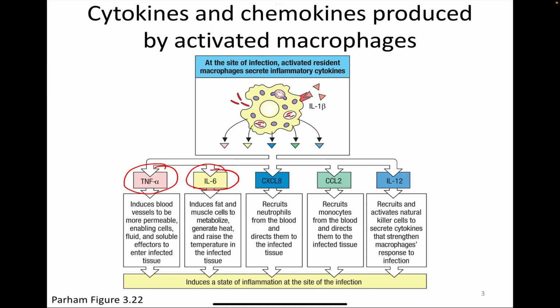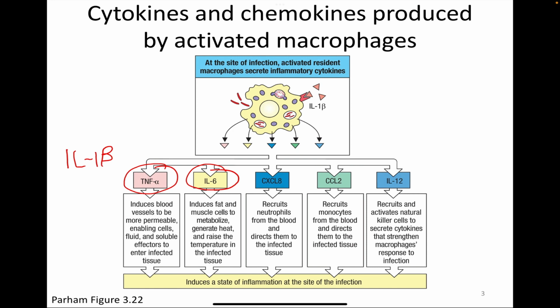Another one that is really important here that's not on this slide is called IL-1 beta. Sometimes IL-1 beta, TNF alpha, and IL-6 are made by these macrophages to induce inflammation. For your purposes, I'm going to lump those three together, as they are happening together and doing similar kinds of stuff. Again, later in the semester, they're going to show up again, so I wanted to highlight them here.